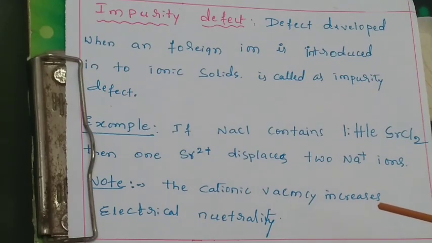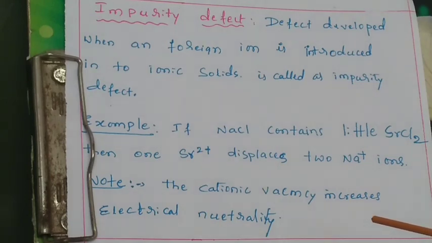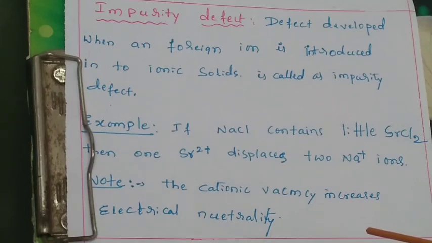For example, in the case of sodium chloride, if it contains a very small quantity of strontium chloride, the Sr2+ ions present in strontium chloride replace 2 moles of sodium. Therefore, the defect caused is due to the introduction of SrCl2. Here, Sr2+ ions are foreign ions.